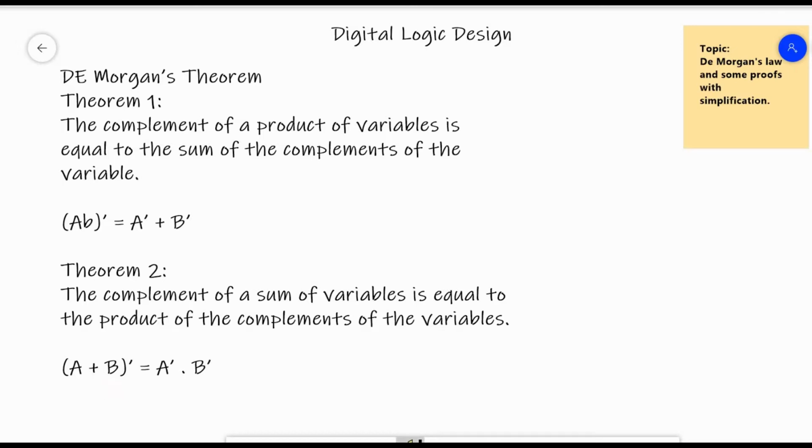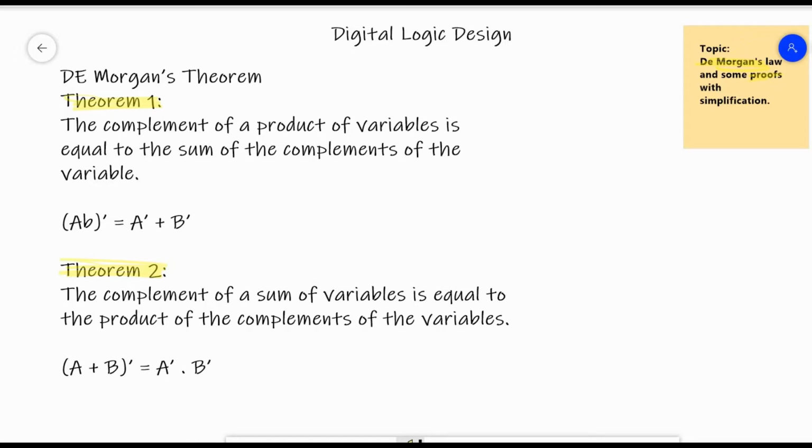So in today's video of digital logic design, we are going to study De Morgan's law and we are going to simplify some expressions using De Morgan's law or prove those Boolean expressions. Now you see here that De Morgan stated two theorems named Theorem 1 and Theorem 2, and in these theorems De Morgan stated that the complement of a product of variables is equal to the sum of complements of the variables.